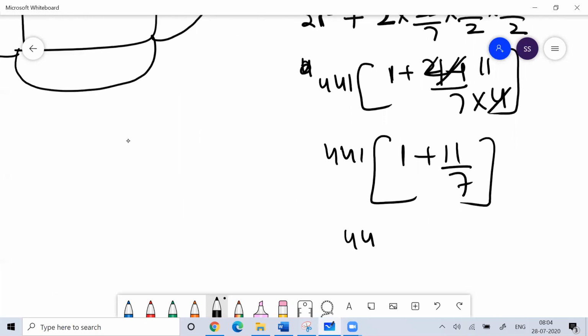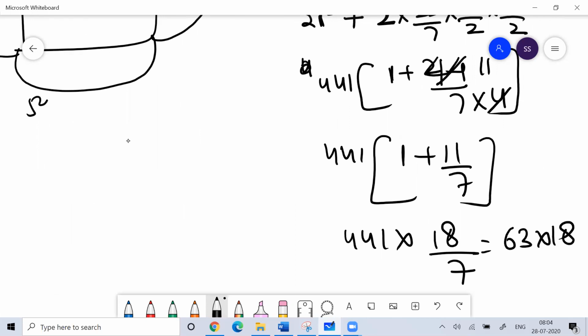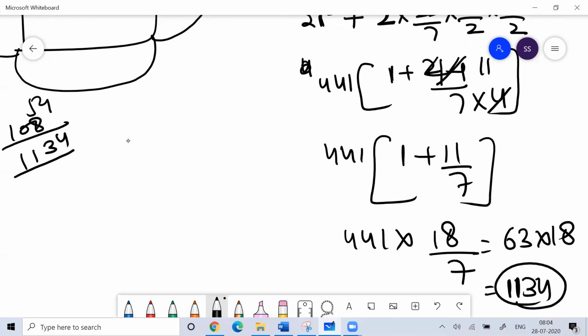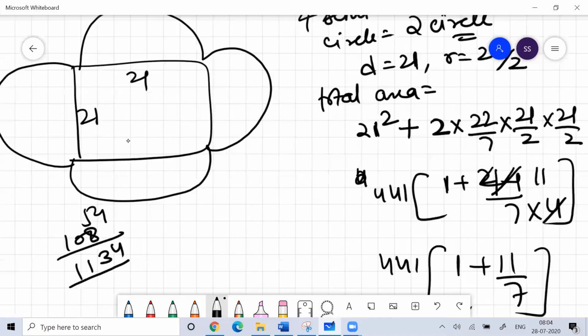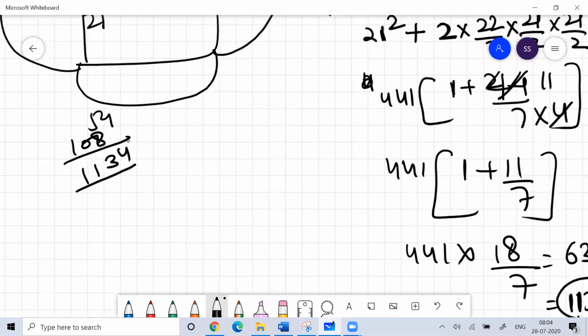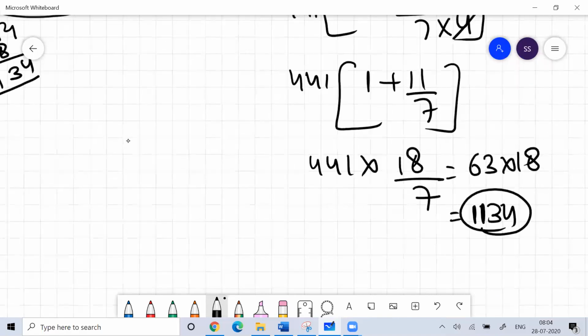So you can write 441 into 18 by 7. So this is 63 into 18, which is 1134. The area is 1134.